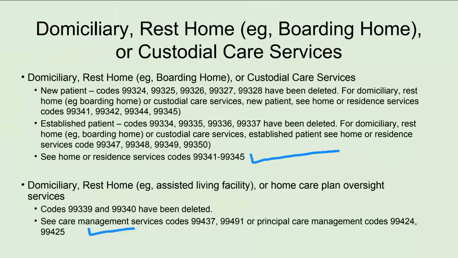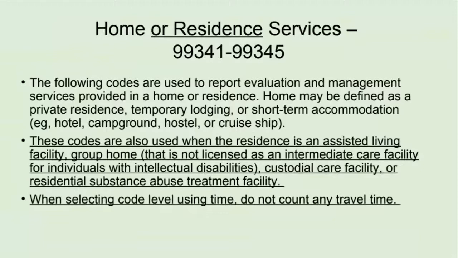Okay, so the home services codes are now called the home or residence services, 99341 through 99345. The following codes are used to report evaluation and management services in a home or residence, and it defines what is a home. This is the same as in 2022.